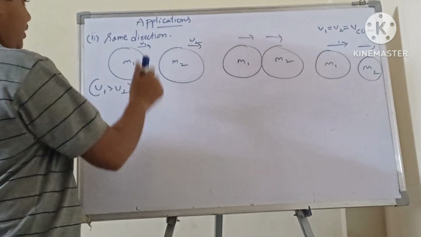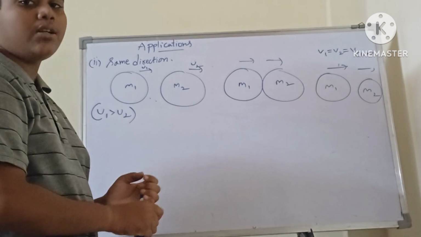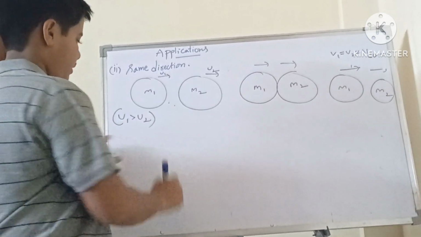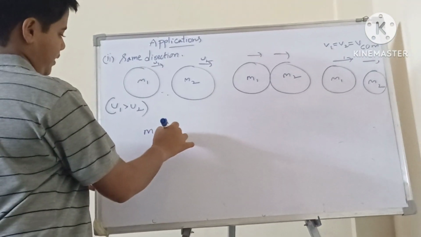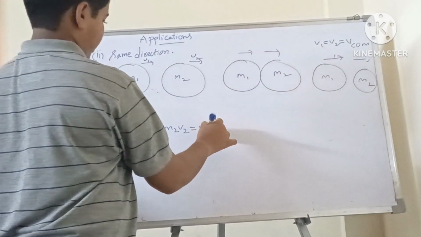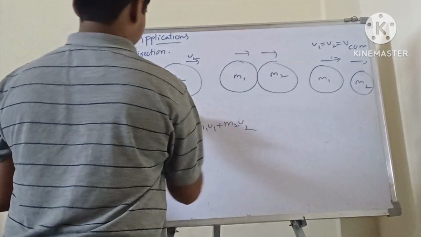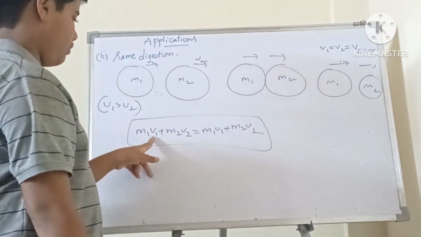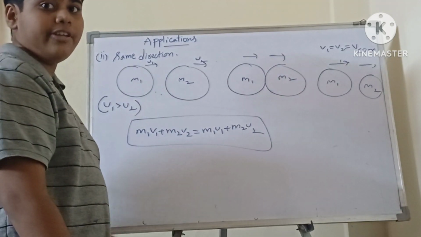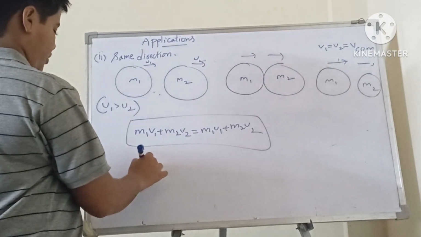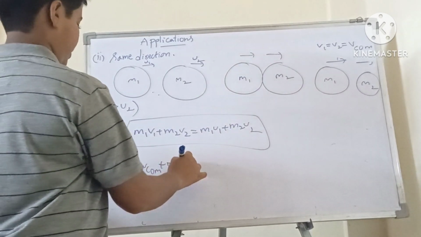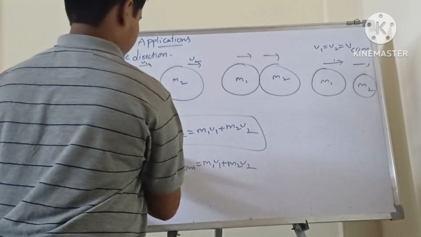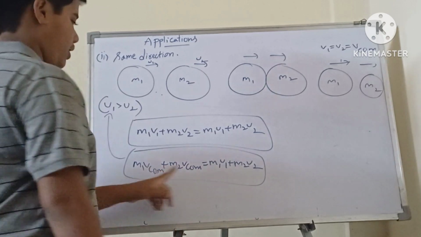Okay. We already learned in collision total momentum is constant. In total momentum constant, we proved that m1 v1 plus m2 v2 is equal to m1 u1 plus m2 u2. This is the total momentum constant formula. In this, velocities v1 and v2 will become vcom. m1 vcom plus m2 vcom is equal to m1 u1 plus m2 u2 is the same direction formula.